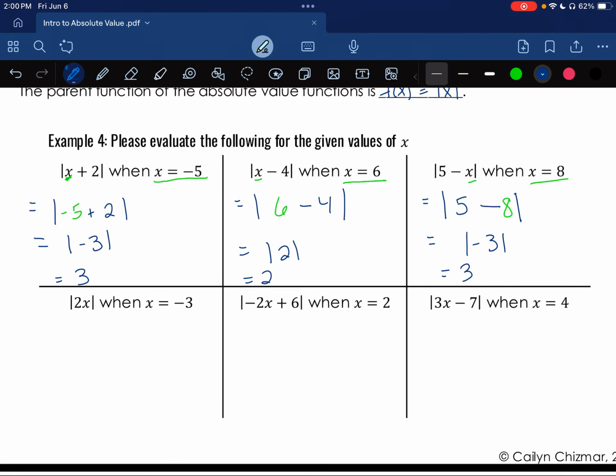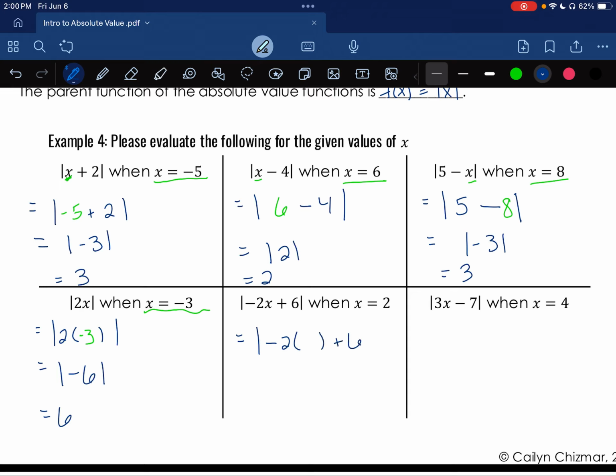All right, welcome back. This one, we need to remember that we are multiplying here. So I use parentheses. It's going to look like that. So the absolute value of -6, which is 6. Here, again, more multiplying.